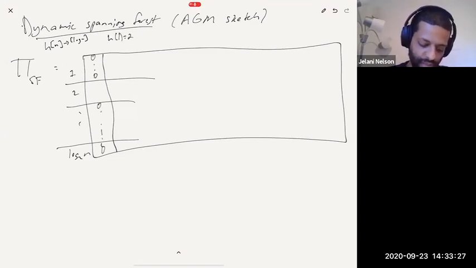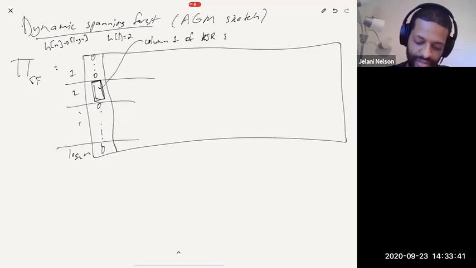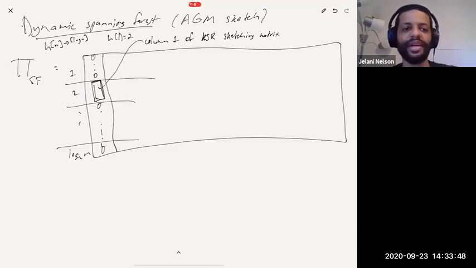And then in block 2, you'll have column 1 of a k-sparse recovery sketching matrix, etc. I don't think it's super informative to draw out what the matrix is, but this is what the matrix is. So it's a linear sketch.